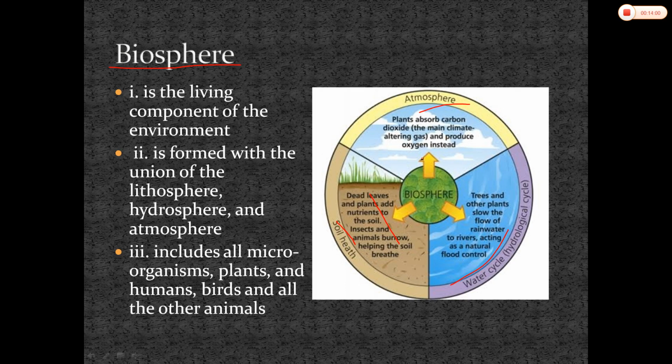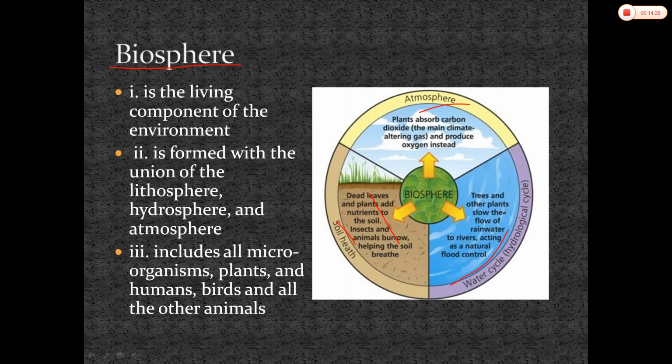If any one of these goes extinct from the world, or is completely imbalanced, then automatically what will happen? Whether it is soil, land, lithosphere, atmosphere, or the water cycle, if any one of these is imbalanced, it will not be able to support life.